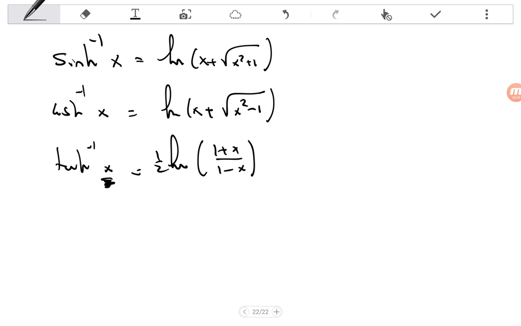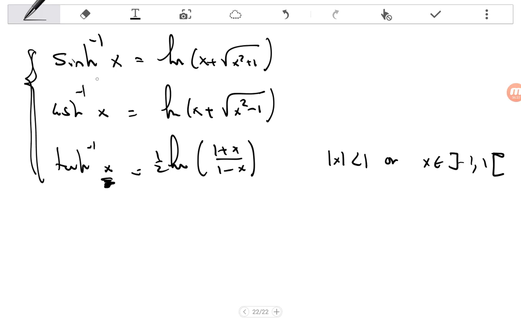And remember that the domain of tanh inverse is just x from -1 to 1. So you may use these three rules instead of treating the inverse functions as they are; we may rewrite them as ln in these expressions.